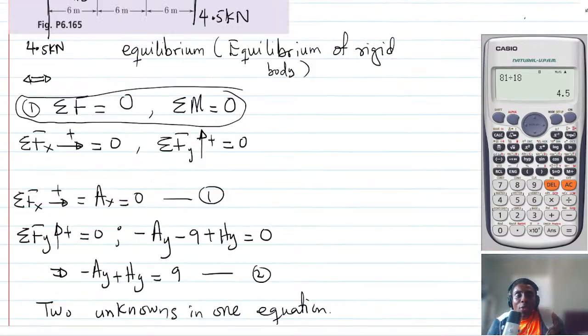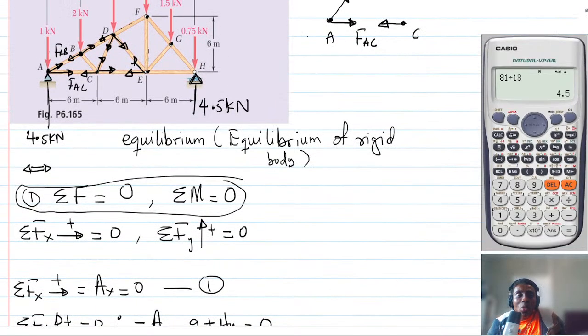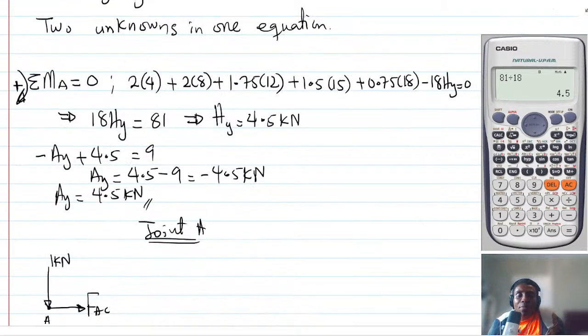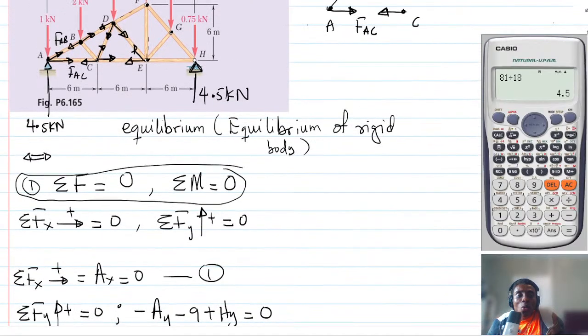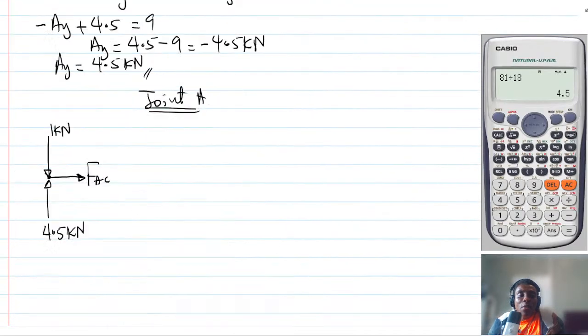And then there is a force coming up, which is 4.5. And then there is a force, which is FAB. Okay. So that is it.